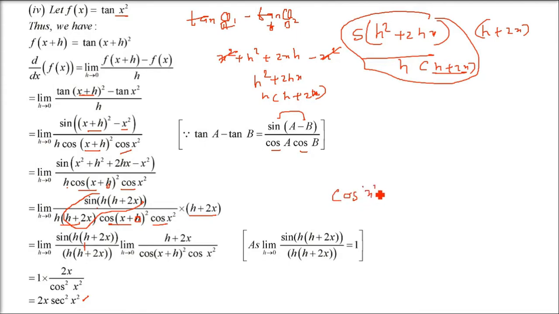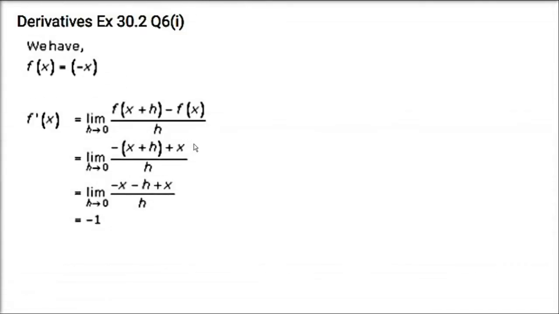So you see the denominator will be cos x square and cos x square, because h we have made 0. Numerator will be h plus 2x. Now this h is 0, applying the limit, 2x, and this is sec square x square, when it goes up, because it is cos square x square in the denominator. So 2x into sec square x square is the answer.